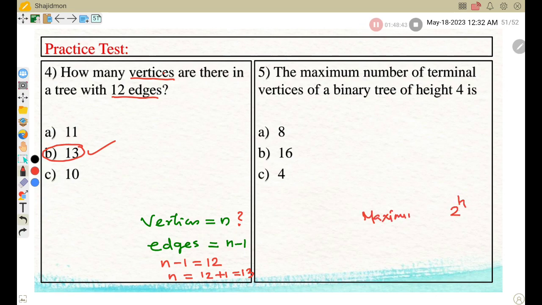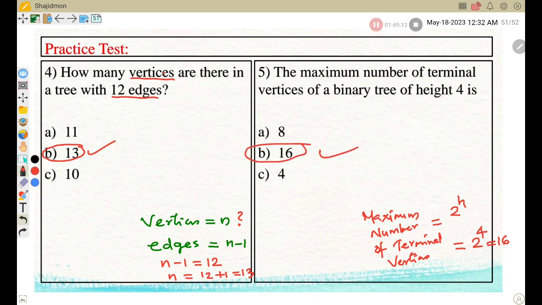Maximum number of terminal vertices equal to 2 power h. h means the height of the tree. Okay, what is the height here? 4. So what will be the answer? 2 power 4. What is 2 power 4 actually? 16. Correct? So what is the answer correctly? It is equal to 16.